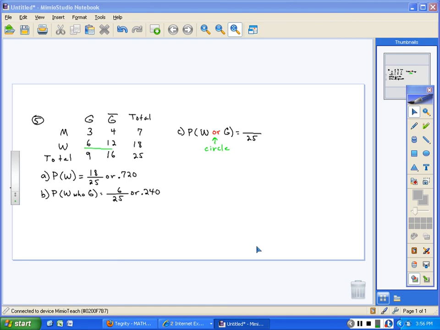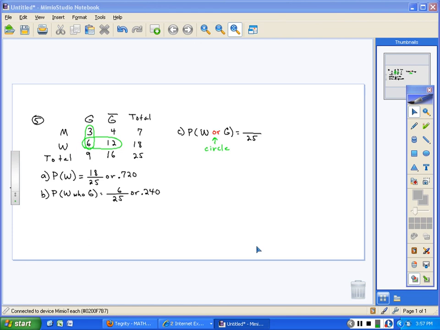So I'm going to circle all of the women, and then I'm going to circle all of the college graduates, but again, not the total. So we need every number that's inside the circle. There are several ways to get there.